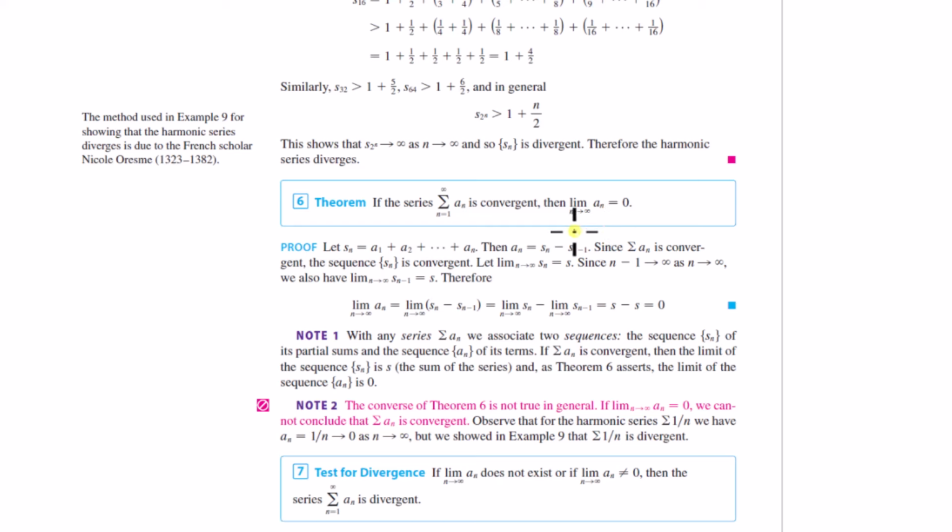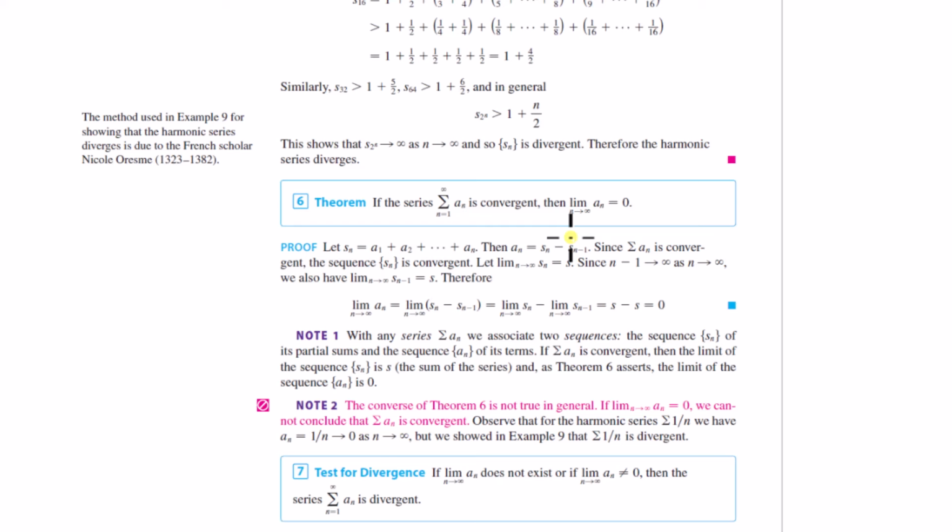Okay, and so this makes sense: when we looked at the geometric series, we saw that the series converged when r was between -1 and 1, and we know that the corresponding geometric sequence converges to 0 in those cases. But the series was divergent when r was equal to 1, even though we know that the corresponding sequence is still convergent.